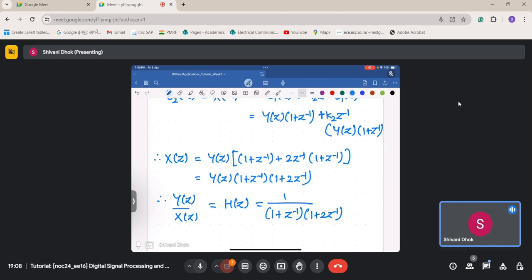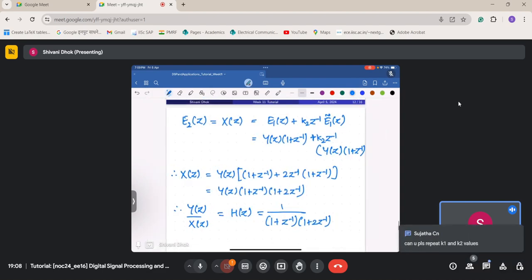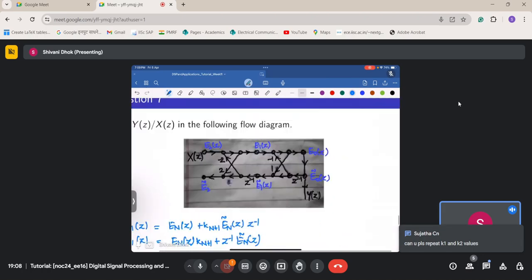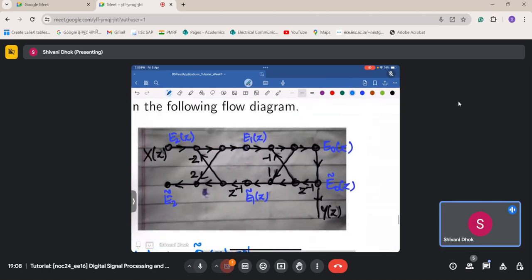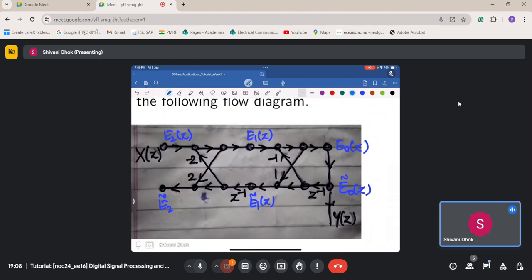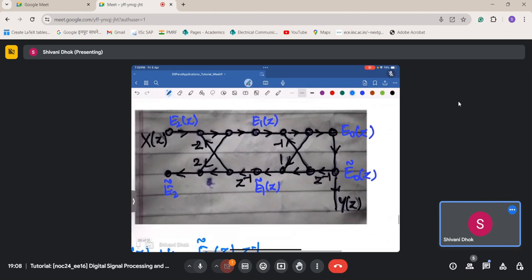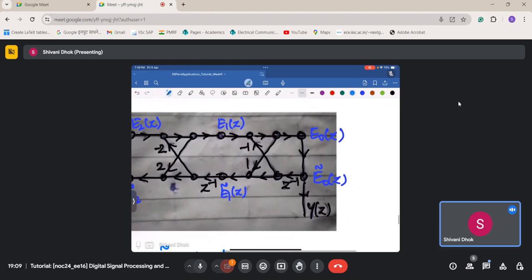Okay, if there are no questions, then let me move on to the next, K1 and K2 values. Sujata, if you look at the structure of the lattice structure for IIR filters, from maybe the second last lecture, you will observe that for any nth stage, whatever goes down is kn.